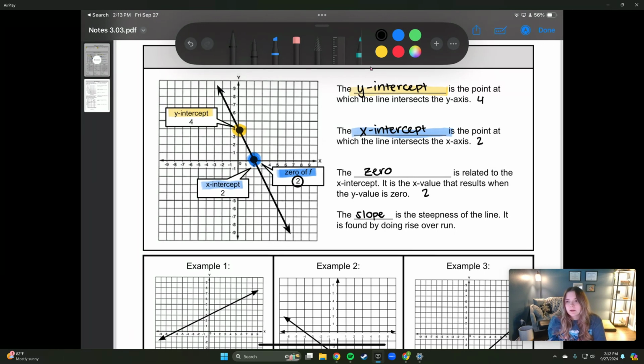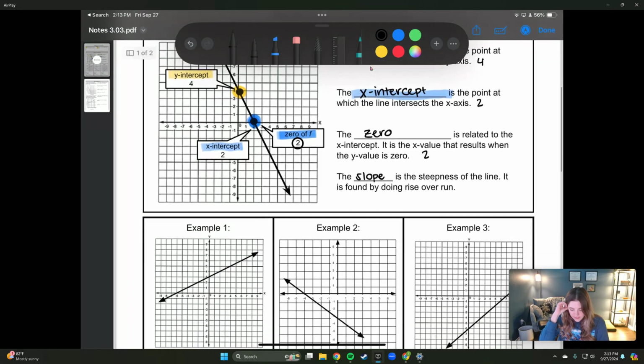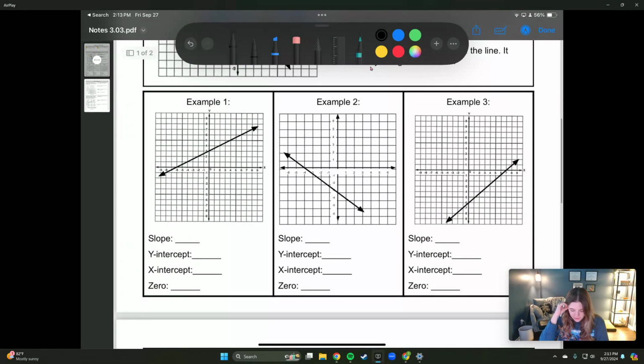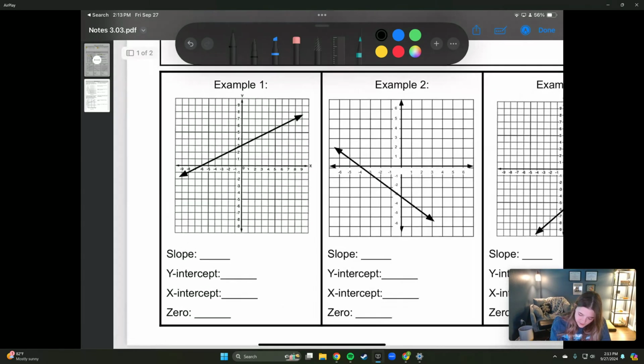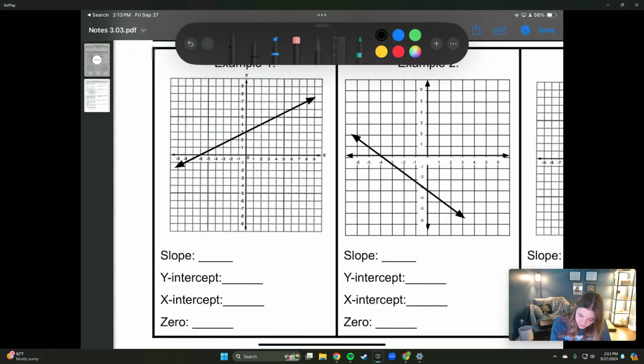Remember that. All right, let's look at these examples here. I actually am going to have you find these examples on your own, okay? If you look at this first one, just remember your x-axis is here, your y-axis is here, and so you're looking, where does it cross on the y-axis?